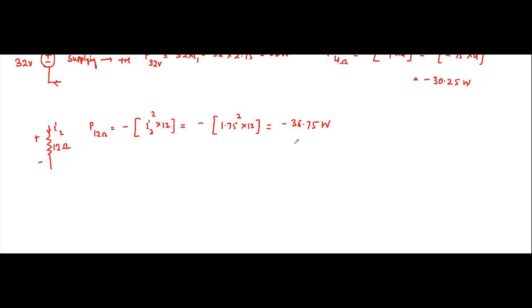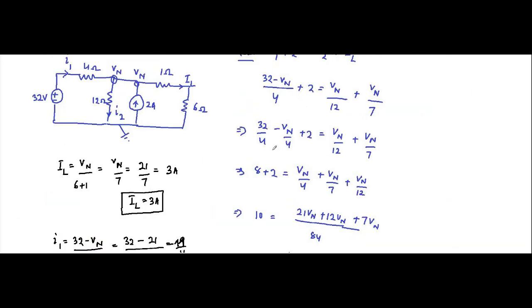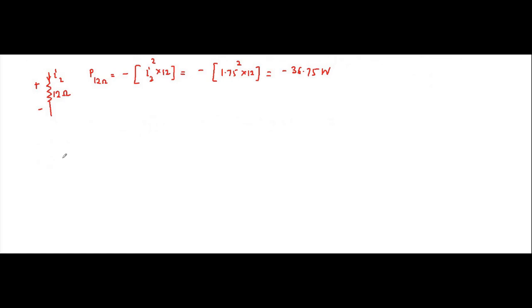Then we have the 2 ampere current source. Let us see whether it is absorbing or supplying. Here the voltage is Vn, the node voltage, which we calculated as 21 volt. So the voltage across this current source is also 21 volt.